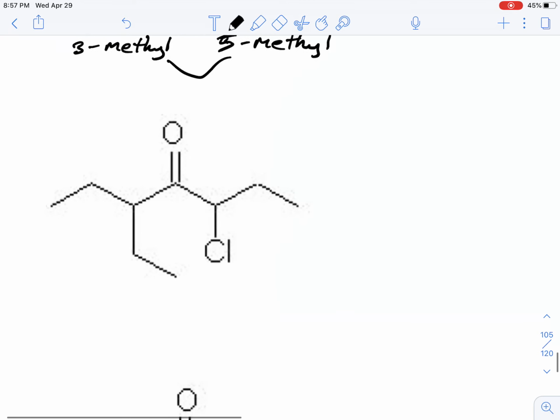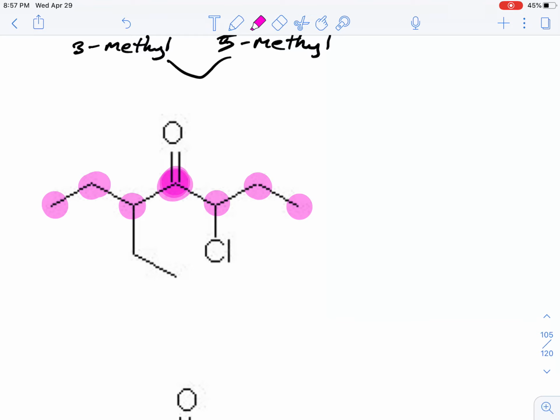All right. So let's go ahead and go through the next example. Same idea, find the longest chain with the ketone. So there's my carbonyl carbon. That's part of my ketone. And so I'm going to go from right to left, 1, 2, 3, then 4, 5, 6, 7.